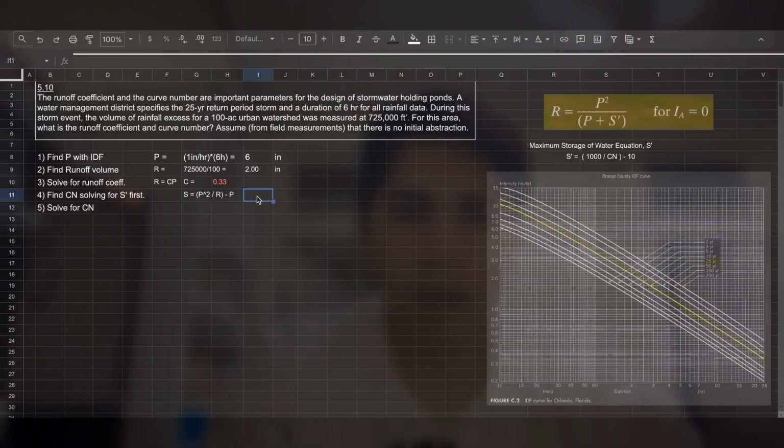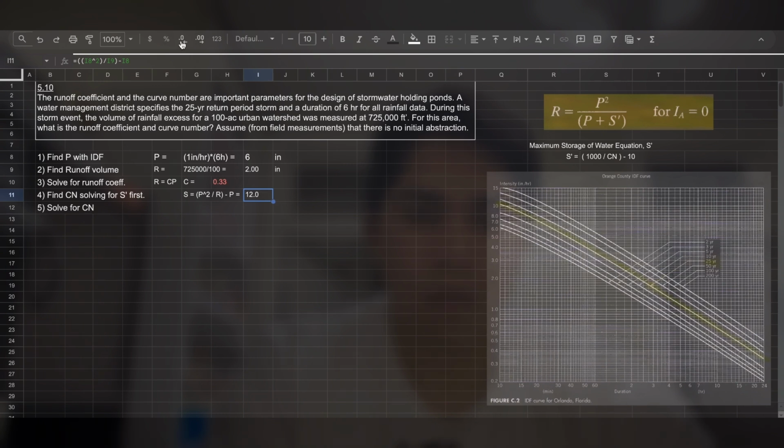So with that equation, you can find S. The storage equals the precipitation squared, which we know is 6 squared, divided by the runoff, which is 2 inches, all of that minus the precipitation, which is again 6, and we get about 12 inches.